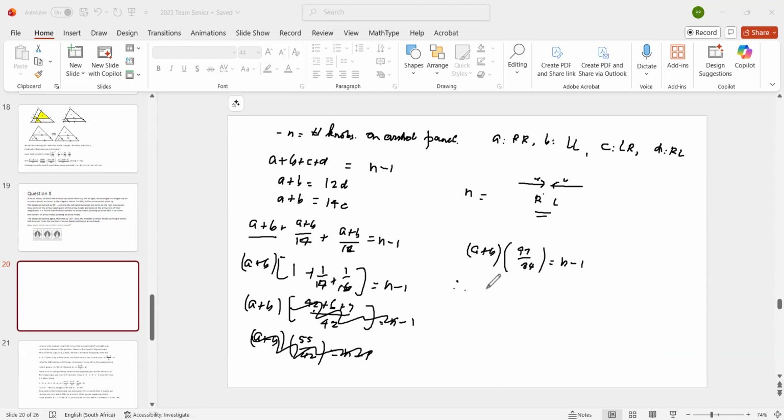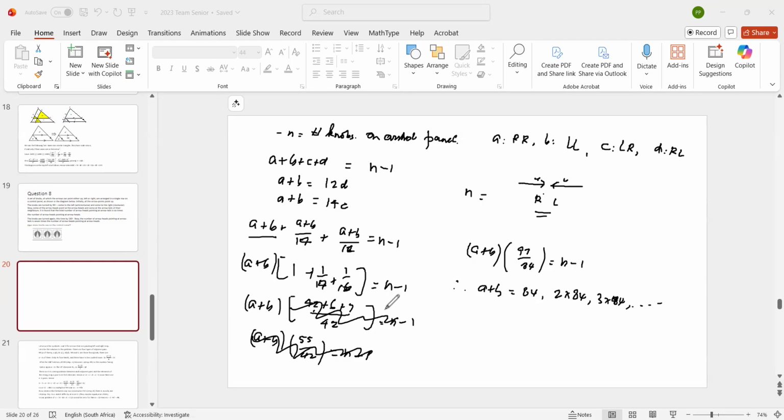Therefore, a plus b is equal to 84. Or in fact, it could be any multiple of 84. Maybe 2 times 84 or 3 times 84. Some multiple of 84. For this thing, you have to be an integer.